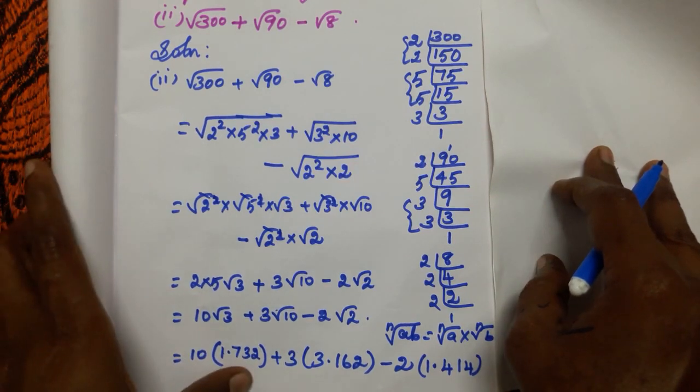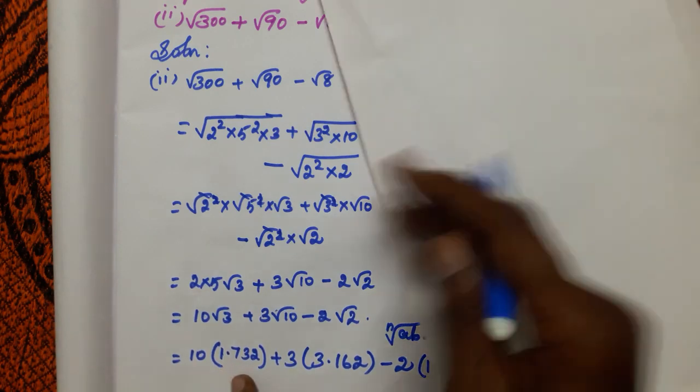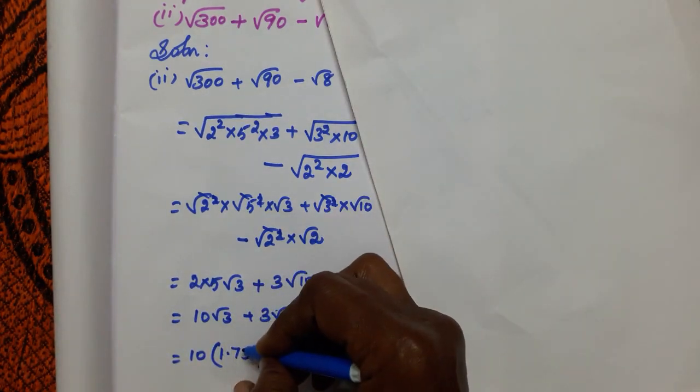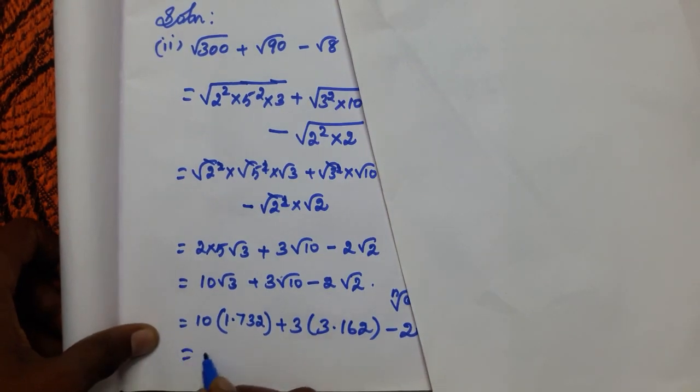10 into 1.732. Any number we multiply by 10, we have to move the decimal point one digit after. So we can write 17.32. Is it correct?